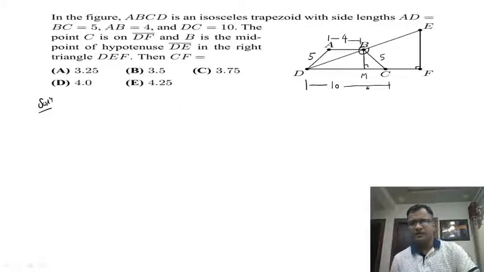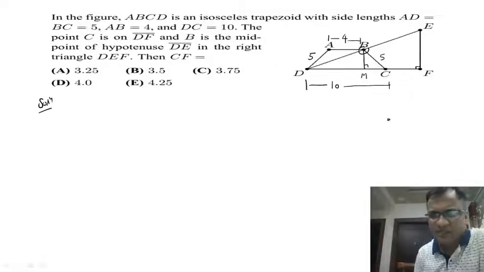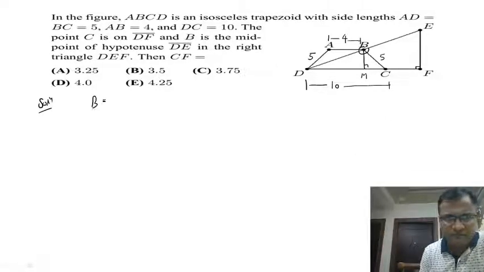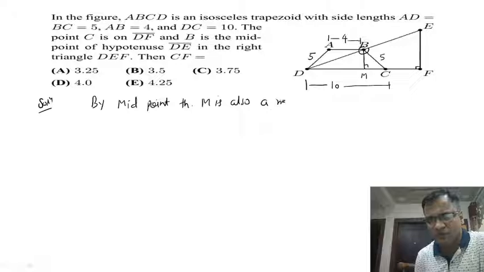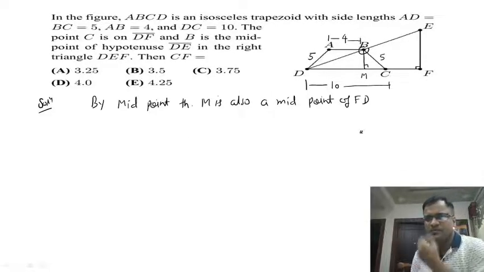Then by the midpoint theorem, M is also a midpoint of FD, because B is a midpoint of ED and BM is parallel to EF.